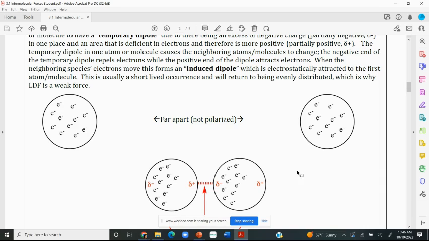Now, as you increase the number of electrons, the LDFs increase because you've got more electrons shifting around. I talked to you guys last year, the year before, my analogy with this one is if I have a cup of water and I'm walking across the floor, it's probably not going to slosh out.